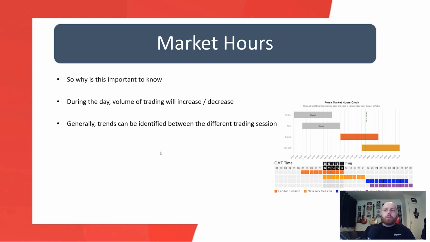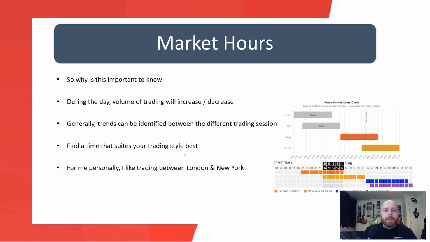Generally, you can find trends, and these can be identified between the different trading sessions, and you can find a time that suits your trading style best. So for me personally, I like to trade between the London and New York session. If you look on the right here, this is out by an hour compared to what I just showed, but we have an overlap from where the London session opens and where the New York session opens.